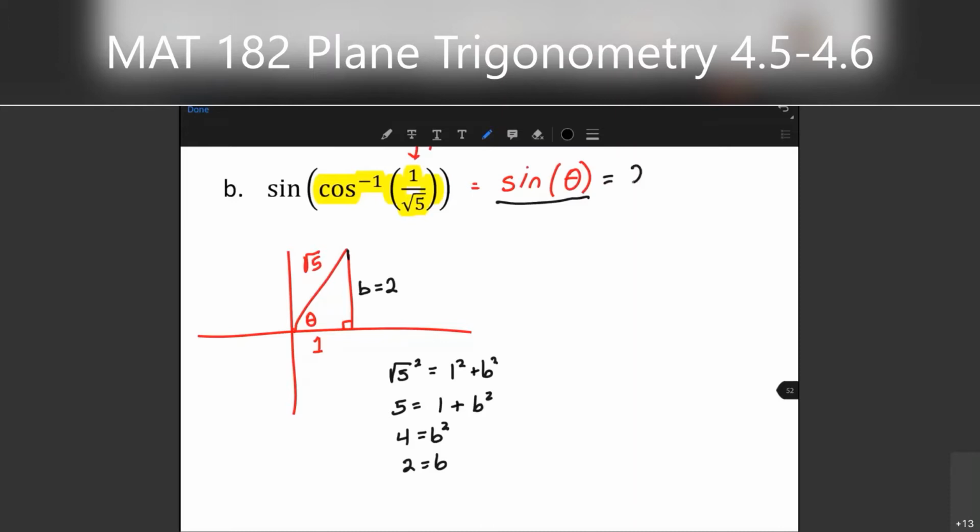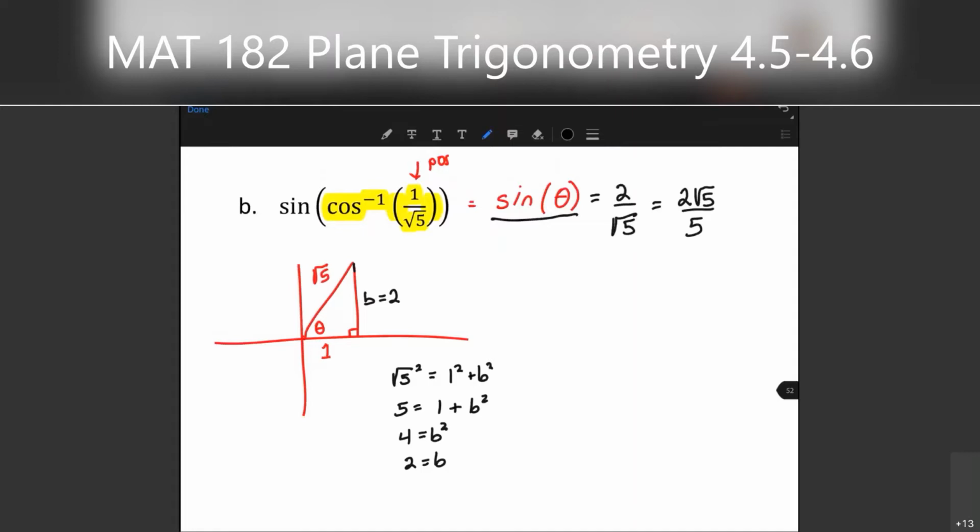So it would be 2 over the root 5, or that's equivalent to 2 root 5 over 5. Do you want to write that rationalized? Yep. Excellent job. And there would be our solution. Are there any other questions on part B here?